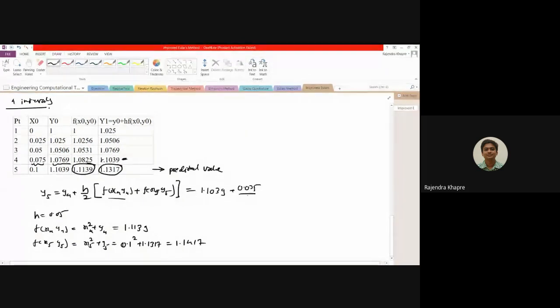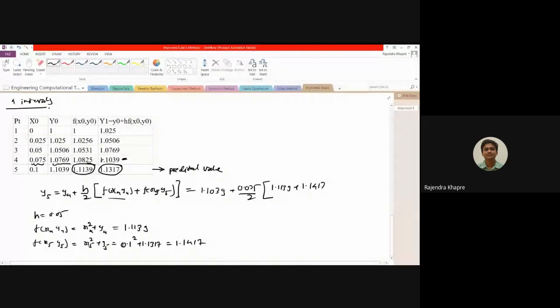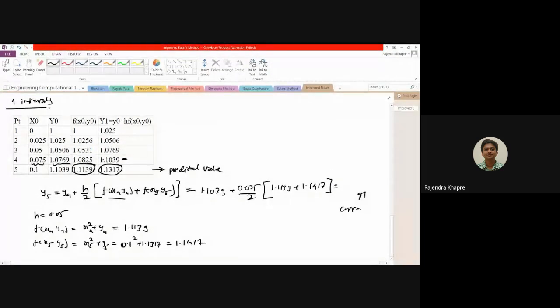So this is divided by 2, 1.1139 plus 1.1417. Give me the value of y4, and this value will be the corrected value. 1.1602.